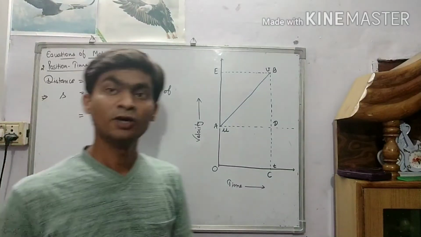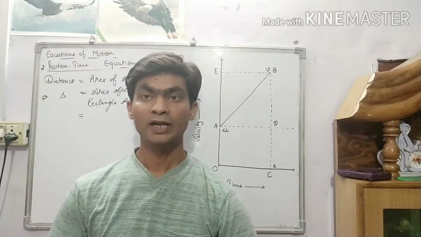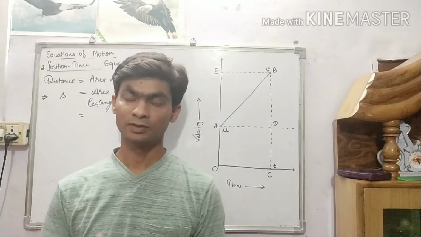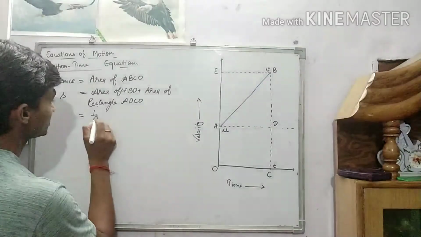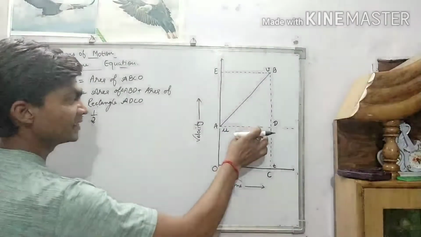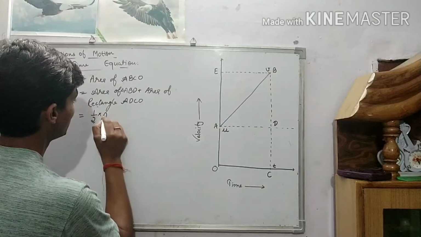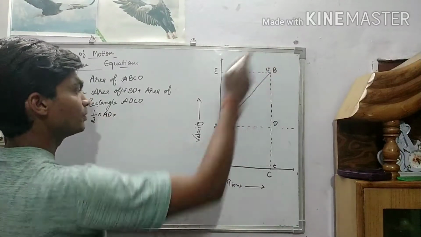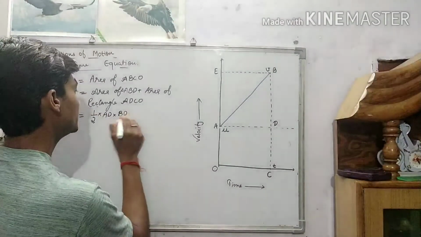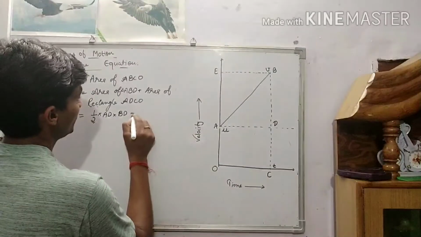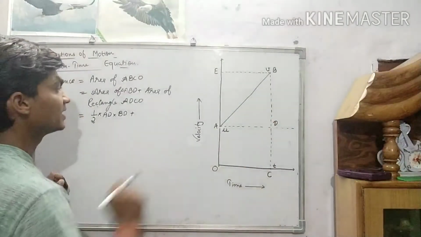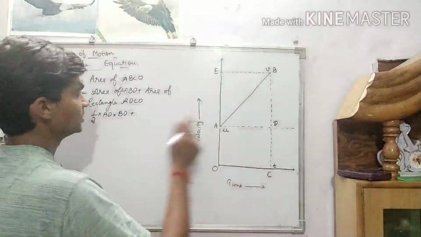Area of triangle is 1 by 2 base into height, and area of rectangle is length into breadth, very easy. That can be written as 1 by 2, base means AD, height means BD. Height means perpendicular distance or altitude. Plus area of rectangle ADCO, AD into DC.